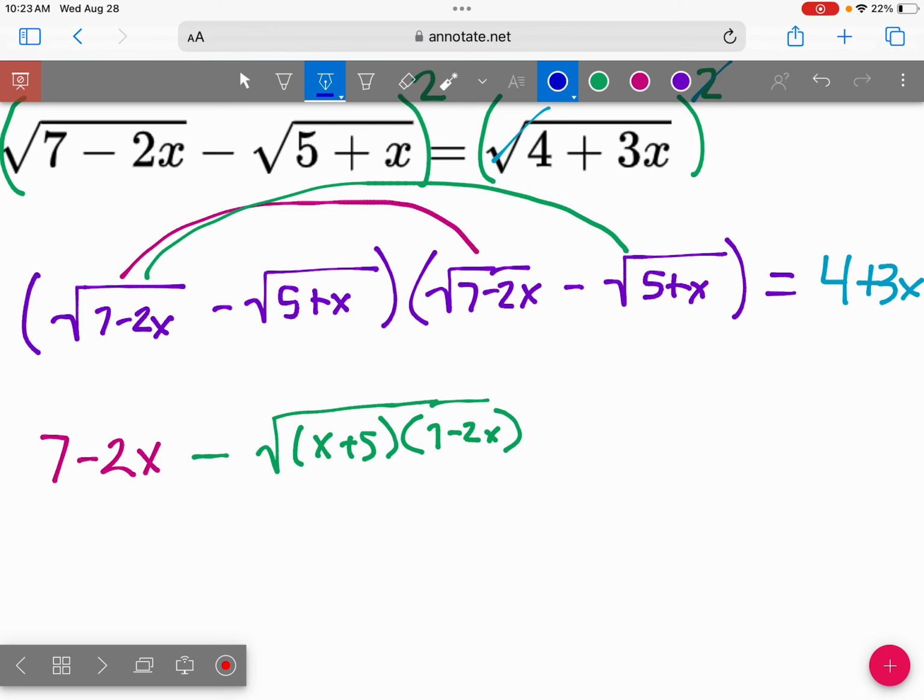All right, same thing with our second term. I'm going to take my first term times my last term. So we have another set of minus square root of 5 plus x, I switched the order here, times our 7 minus 2x.